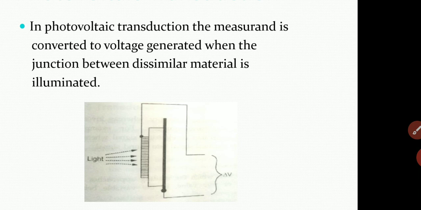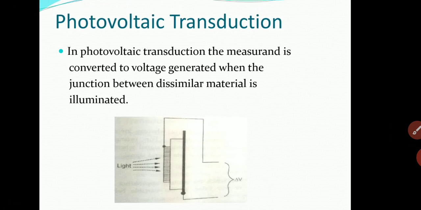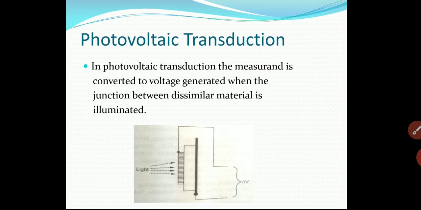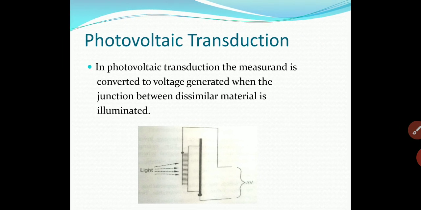So the measurand is converted into a voltage due to the illumination. अगर लाइट वेरी होगी तो वोल्टेज भी वेरी होगा. So there will be the change in the voltage according to the change in the intensity of light. So it is called the photovoltaic transducer.